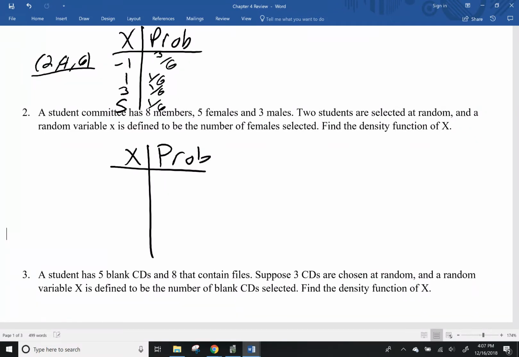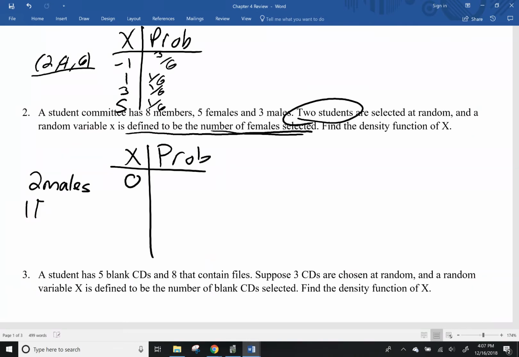So x is defined as the number of females selected. So remember, we're choosing 2 students. So if I choose 2 students, I could have 2 males and 0 females. So that would be a 0 for the female section, because remember, it's the number of females selected that is my x value.